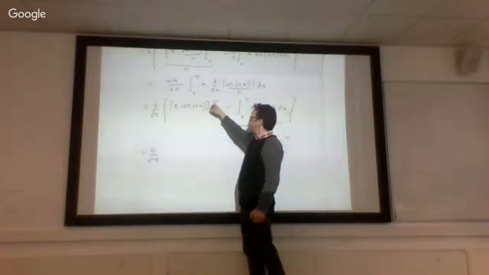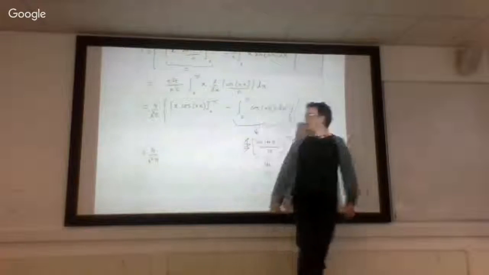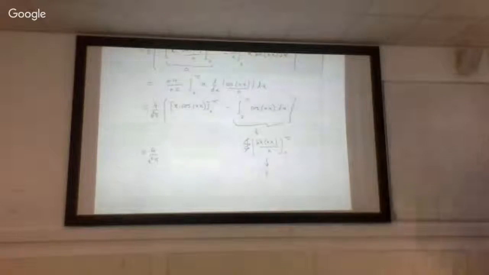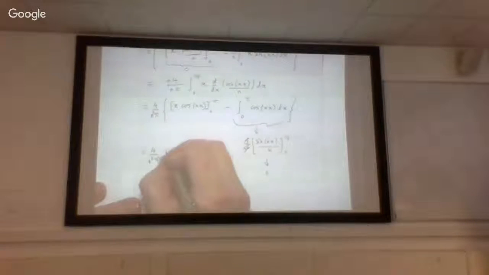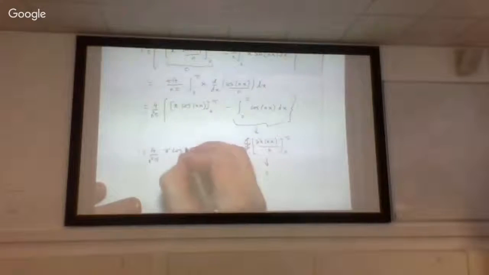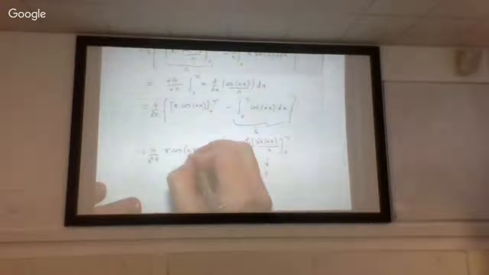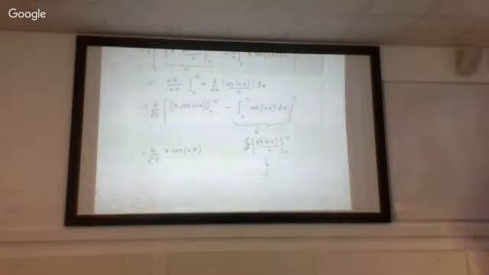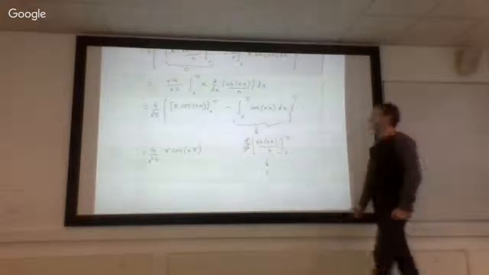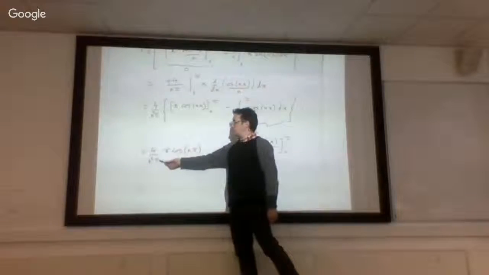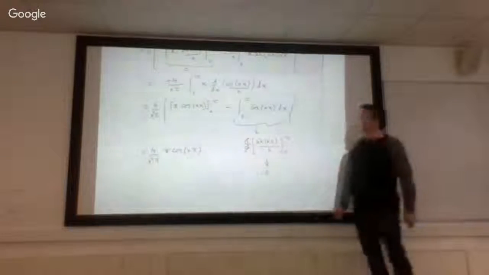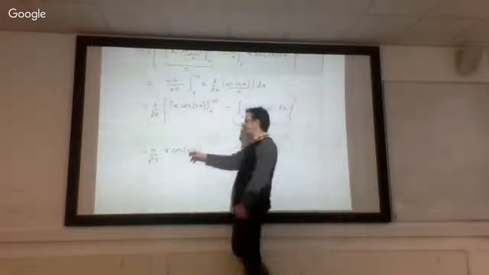So I only get something at x equals pi, and then it's pi times the cosine of n pi. So that factor pi there will cancel with that one. And what is cosine of n pi?